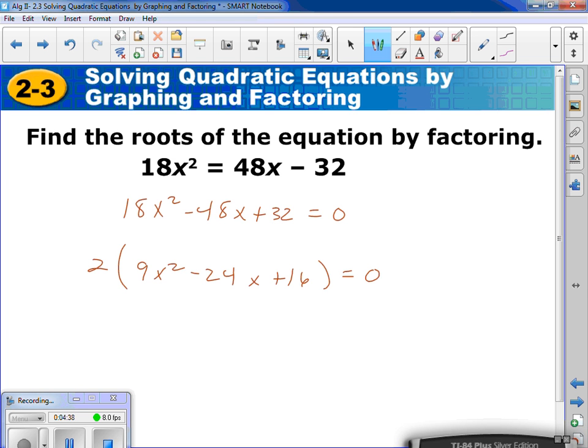Now once you've factored something out, I start looking, is it special? Can I take the square root of this? So I'm going to write 3x. What's the square root of 16? 4. What's 4 times 3x? 12x, and if I double that, do I get a 24?